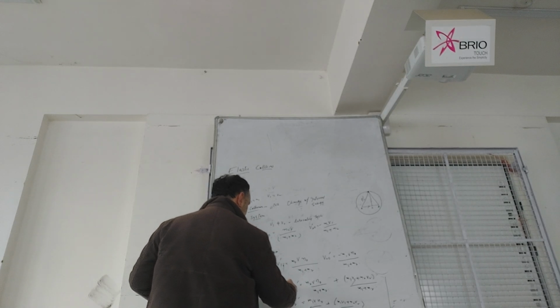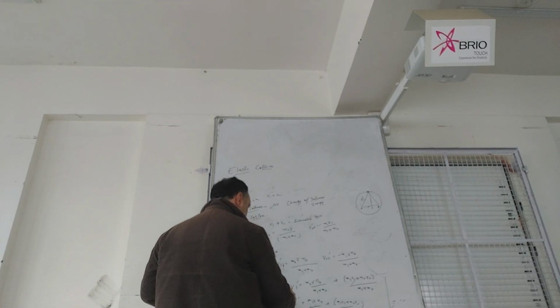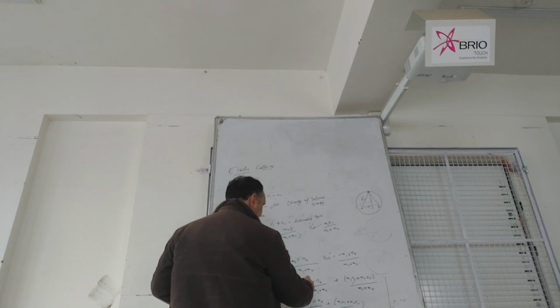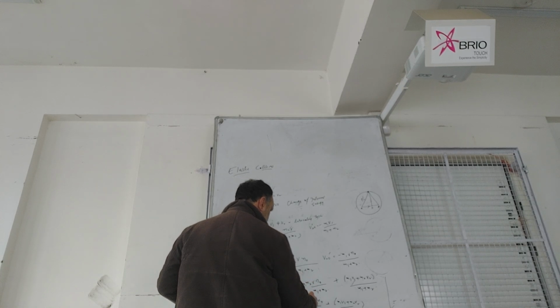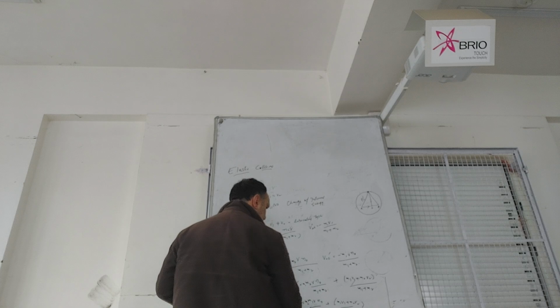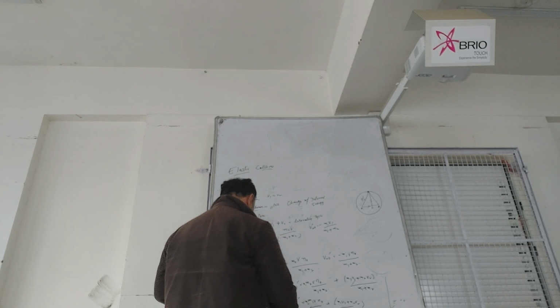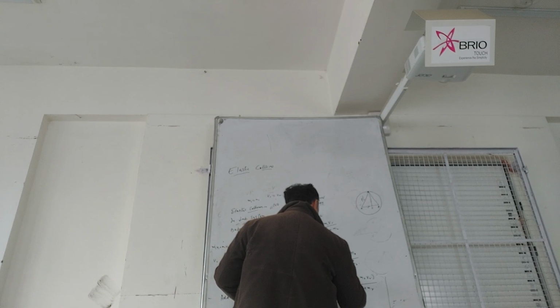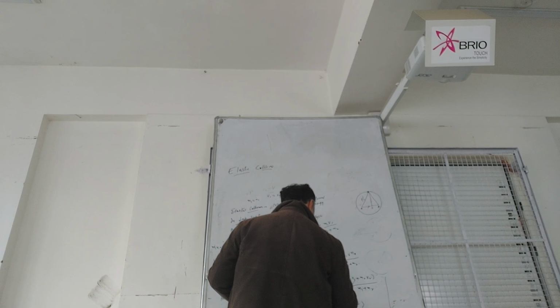Simplification ये है कि multiplying this by m1 and this equation by m2, ठीक है. तो ये आएगा m1, ये आएगा m2.